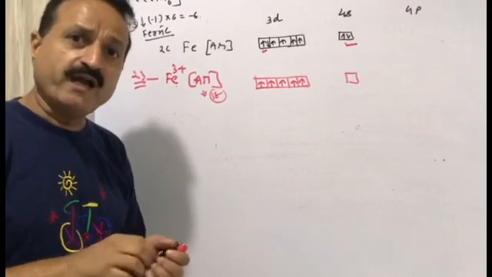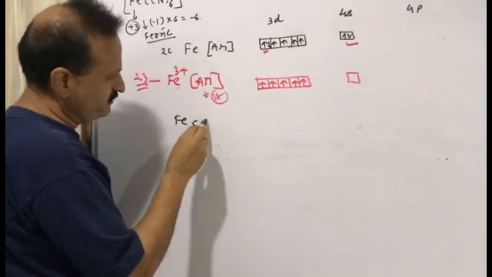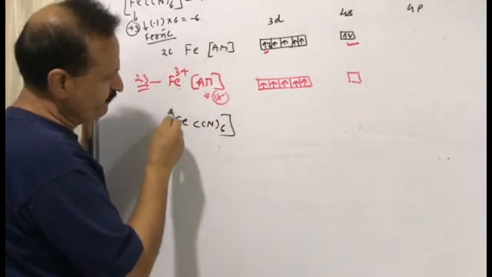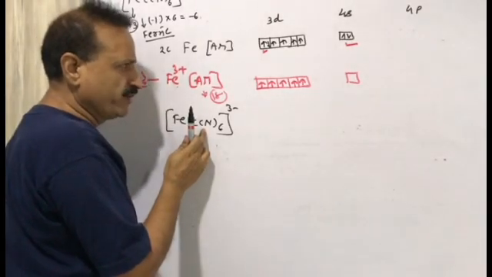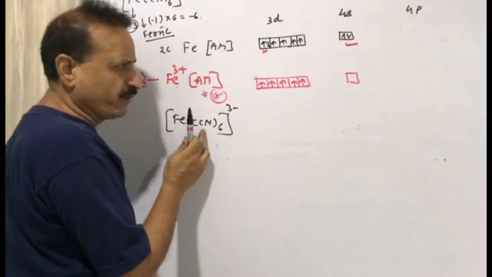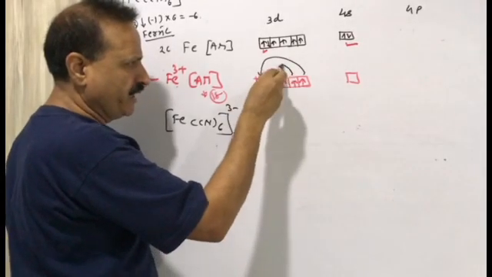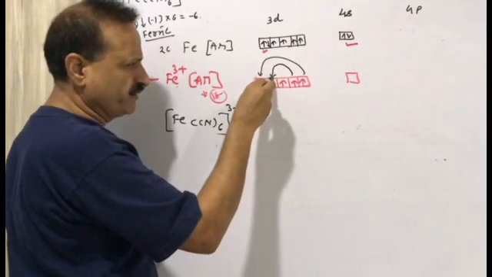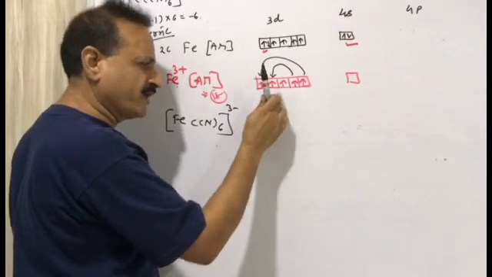Now we have the complex ion [Fe(CN)6]3-. Cyanide is a strong ligand, so rearrangement of electrons will be done. So this electron will transfer over here and this electron will transfer over here. This electron will remain as it is because it cannot transfer.